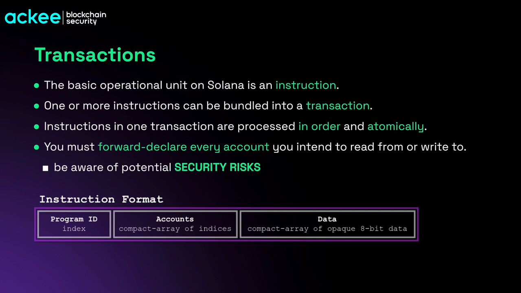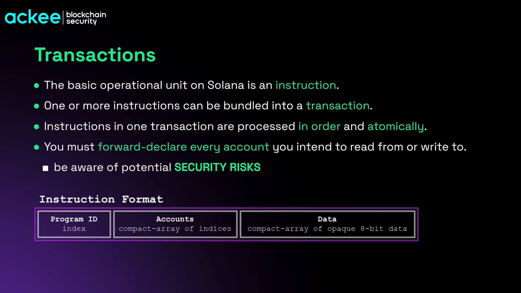Essentially we can form different instructions into one transaction, and if all of these instructions were executed successfully, then the transaction is complete. If one of these instructions fails, that means the transaction is reverted. When we are defining these transactions, we must forward declare every account we intend to read from or write to. We also need to be aware of any potential security risks because all of these transactions can be constructed by any user of Solana.